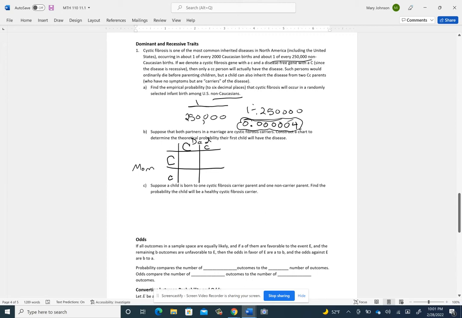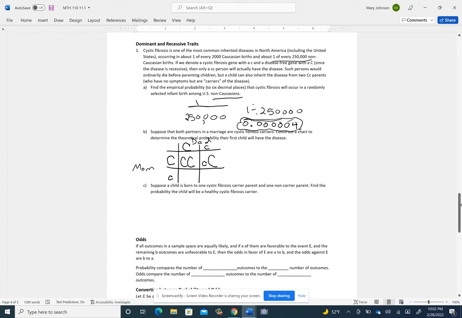When you look at this, if the child gets the capital C gene from the dad and the capital C gene from the mom, that would be in that box. Or the child might get the little c gene from the dad and the capital C from the mom.